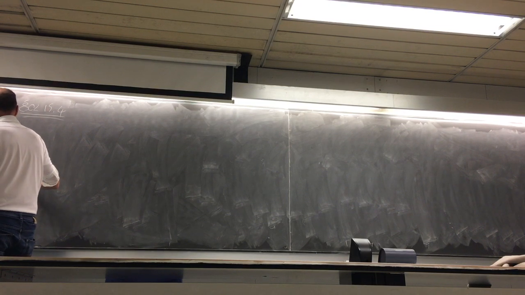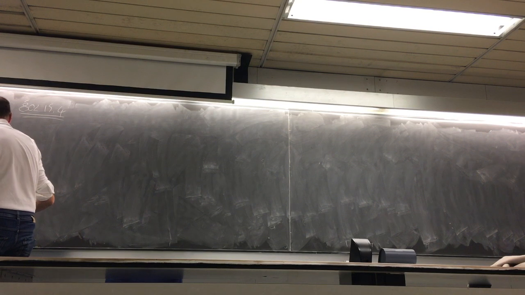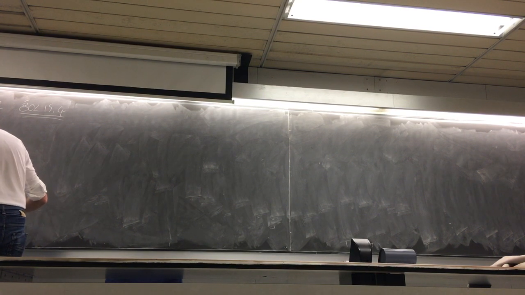The probability that R1 is equal to 25 bits per second is 0.2. The probability that R1 is equal to 75 bits per second is 0.6. The probability that R1 is equal to 0 is 0.2.